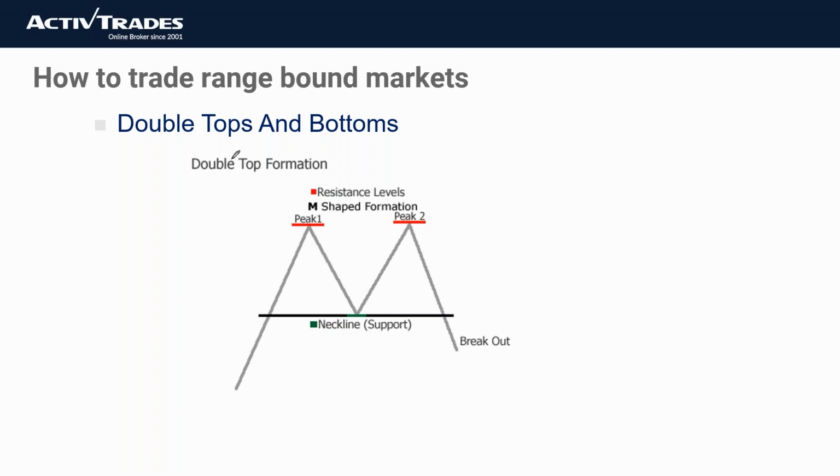But as the name implies, a double top, for the new traders, is almost like a capital M being formed. Once again, traders are looking to identify that neckline. In an ideal world, I will sometimes call it a 1, 2, 3 top, because I want the second peak to be lower than the first peak, because that gives me an indication that the price doesn't have the energy to form a new high.